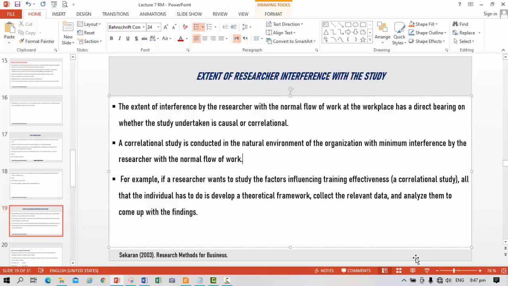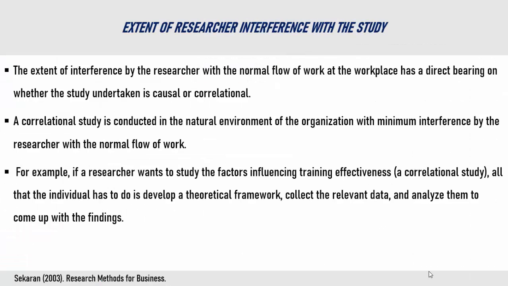A correlational study is conducted in the natural environment, so there is very little interference by the researcher. For example, if a researcher wants to study the factors influencing training effectiveness, all that individual has to do is develop a theoretical framework, collect the relevant data, and analyze them to come up with the findings.